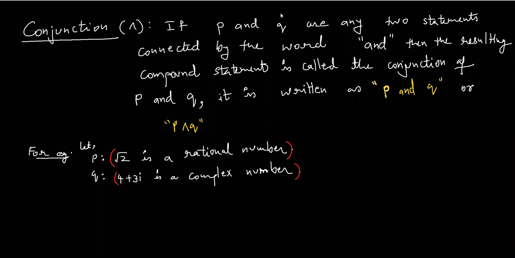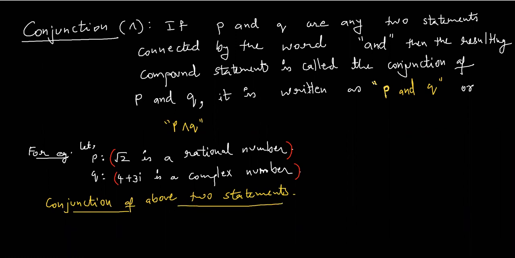Conjunction of the above two statements: Root 2 is a rational number, and 4 plus 3i is a complex number.